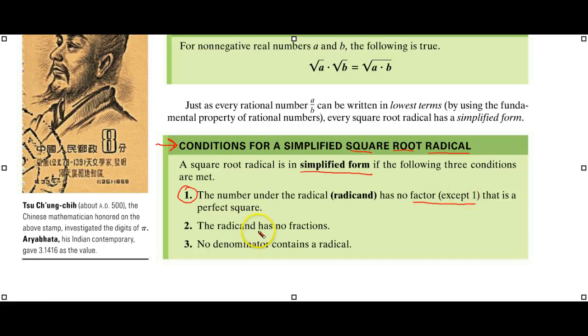And there are no fractions in the radicand. And the denominator contains no radicals. So we'll be giving examples of this.